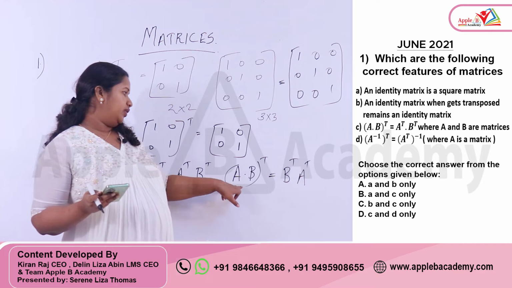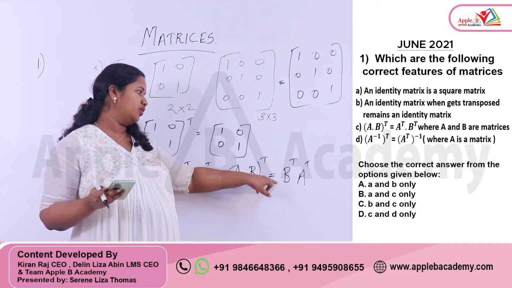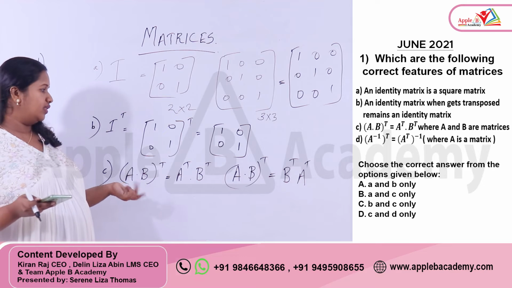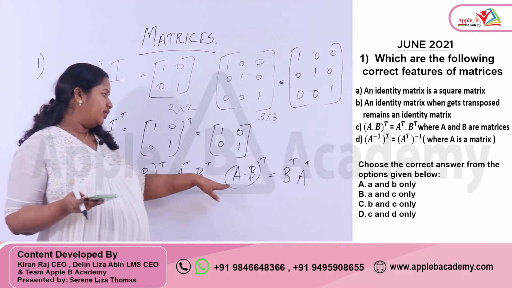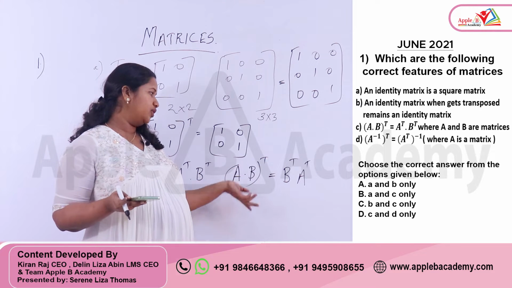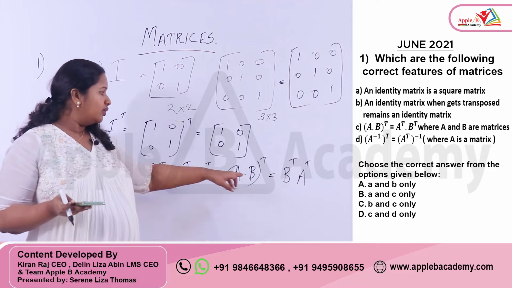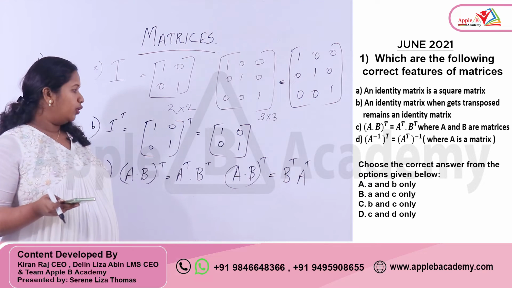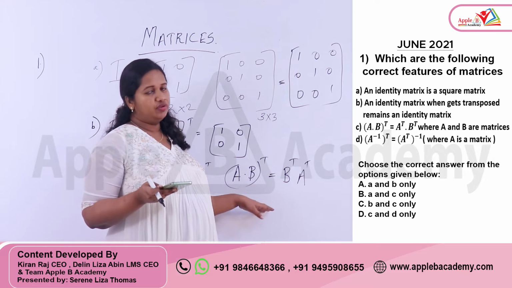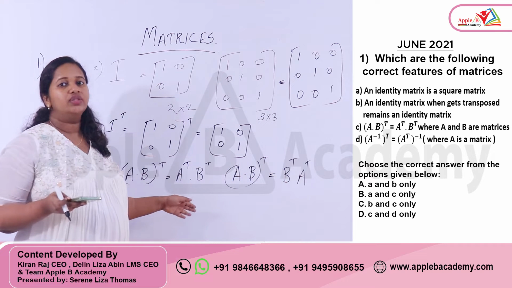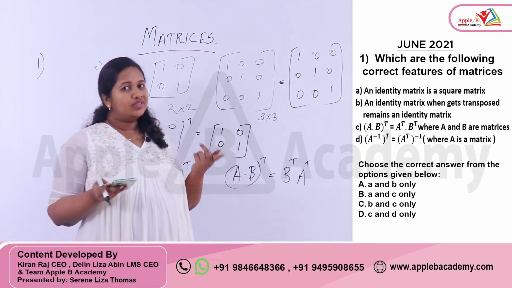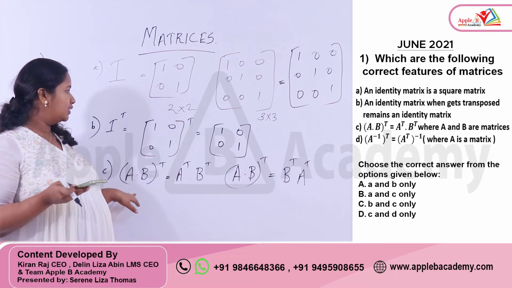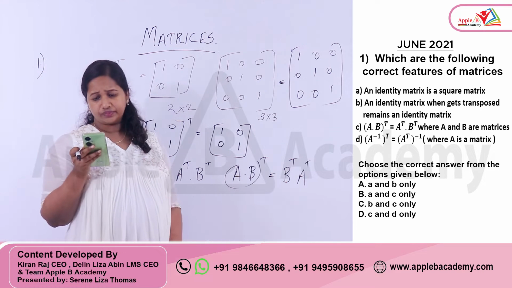A into B the whole transpose is equal to B transpose into A transpose. You can check this with any two matrices. You can multiply A and B and then take the transpose, and then take B transpose into A transpose. This will be proved if you take any two matrices and do this operation. Transpose is basically interchanging the rows and columns. So this third statement is wrong.